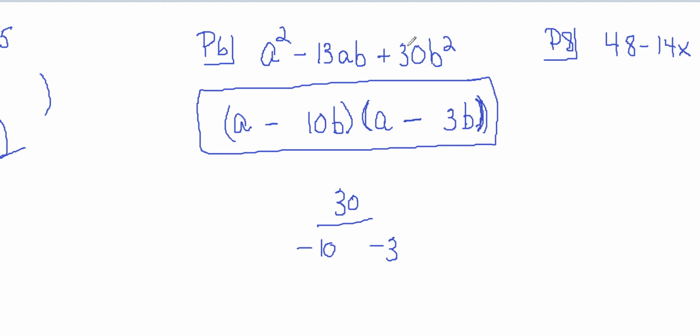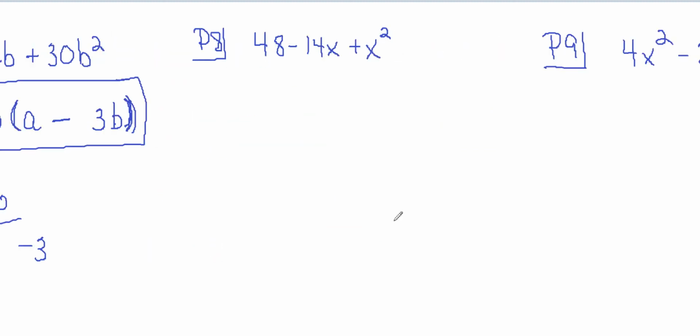Alright, I skipped practice problem 7. I'm not going to give you anything on the exam like that. Save that for your 110 class. And we'll go to practice problem 8, where I did something similar in class. When you get this, rearrange it back into descending order: x squared minus 14x plus 48. That's all you need to do with that.